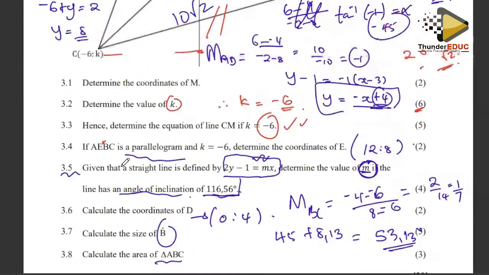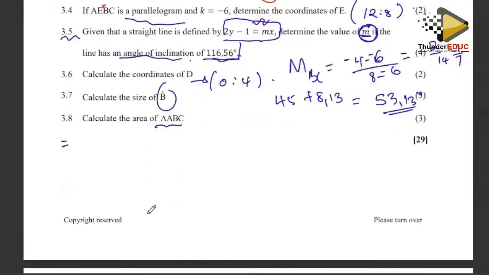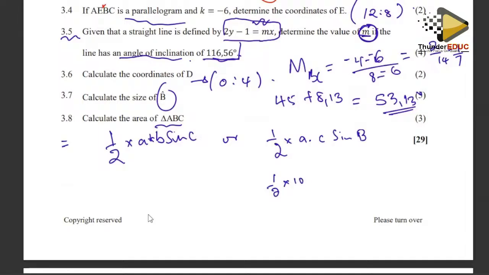So I'm going to use this angle that I found, okay? I'm going to use 53,13. So we know that area of a triangle will be given as a half AB sine of C. But now since we have angle B, it's just going to be a half times A times C, the sine of B. So that's a half times 10√2 times 10√2, the sine of 53,13.